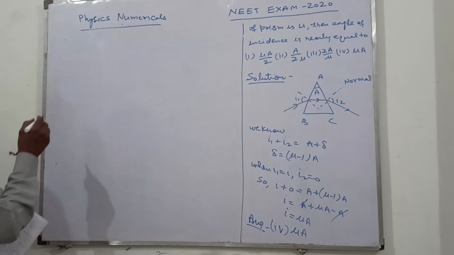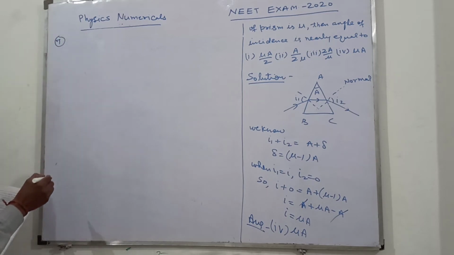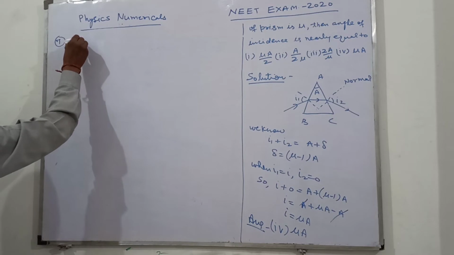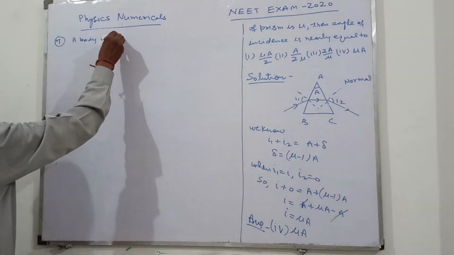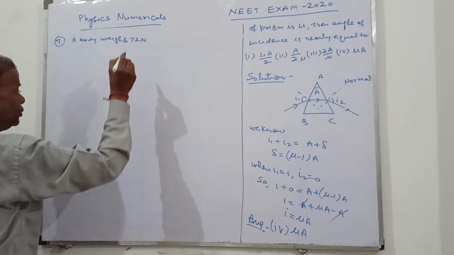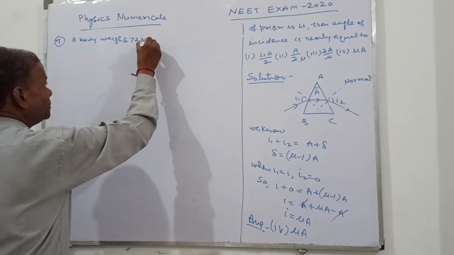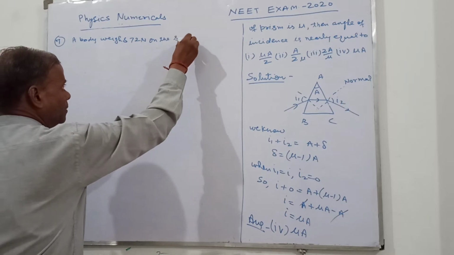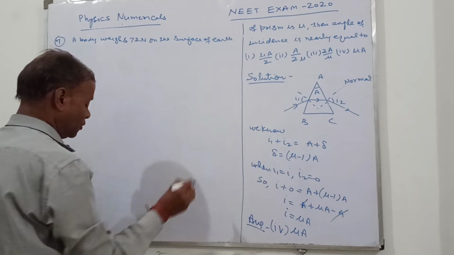Question number 7. A body weighs 72 Newton on the surface of Earth.